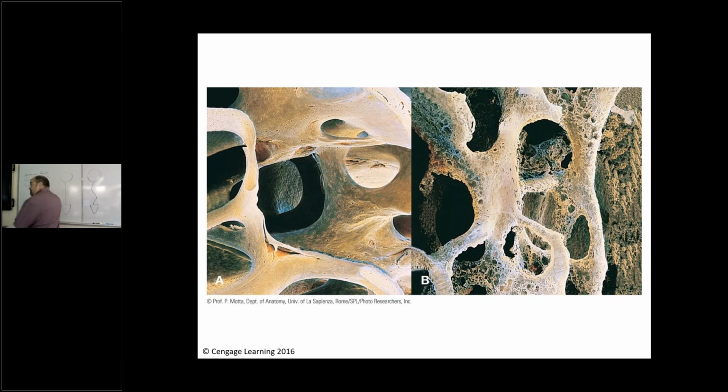For a fetus that's developing, a little baby, they're kind of like this, a C curve. That's the primary curve, the thoracic and the sacrum.